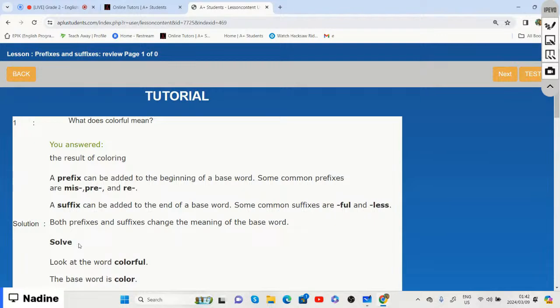And then a prefix we add at the beginning of a base word, right? And some of our prefixes are miss, pre, and re. Re means again, pre means before, and miss has a negative meaning.